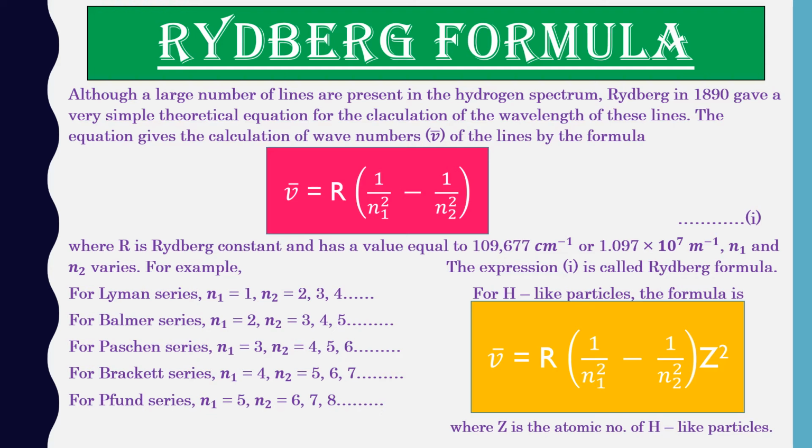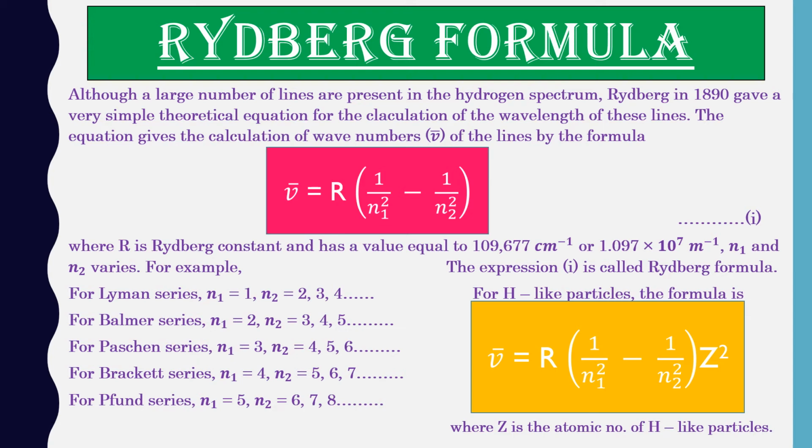So when n1 is equal to 2, the expression given above is called Balmer's formula, as it was first put forward by Balmer in 1885 to explain the series of lines bearing his name, that is, the lines in the visible region.